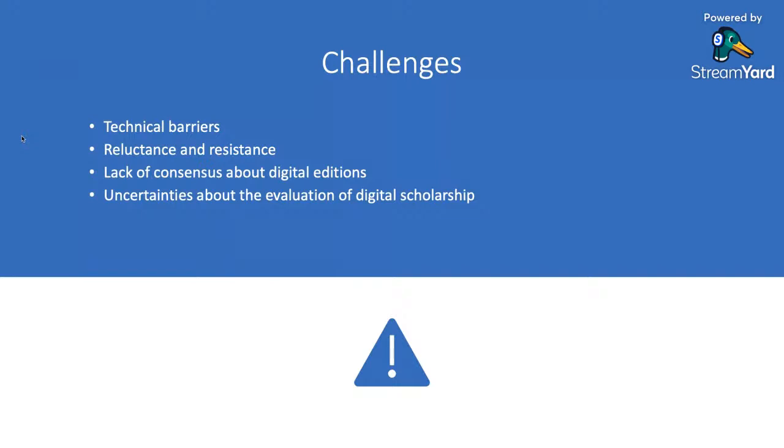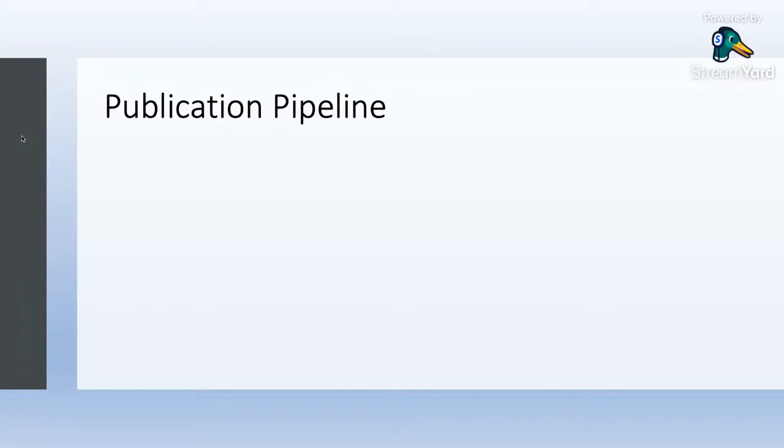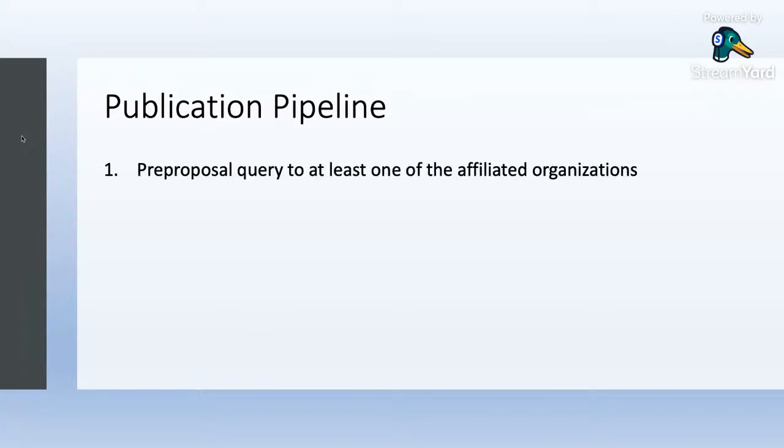One of the ways we've done that is by developing a publication pipeline and being very explicit about it. There's a pre-proposal query process where a person writes to one of the affiliated organizations and asks, is there already an edition of this text in the pipeline? If not, then there's a proposal stage.